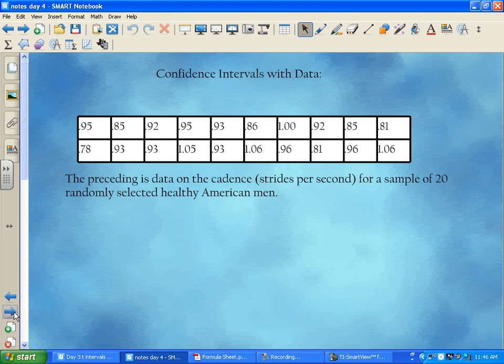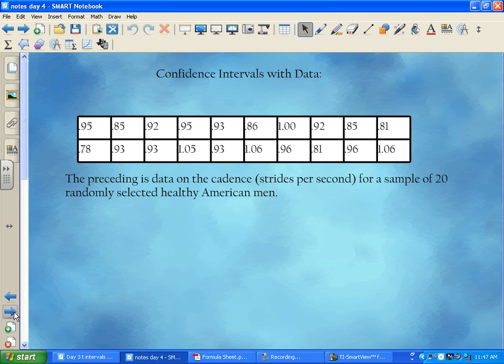So if we're looking through our big 3, which is independent, random, and normal, well, it does say random here. Randomly selected healthy American men. Well, I don't know if it's normal. Do we agree that we can't apply normality here because it's less than 30? Yes. Okay. Does it say independent? So we're going to have to assume independence, or can we make some sort of judgment here?